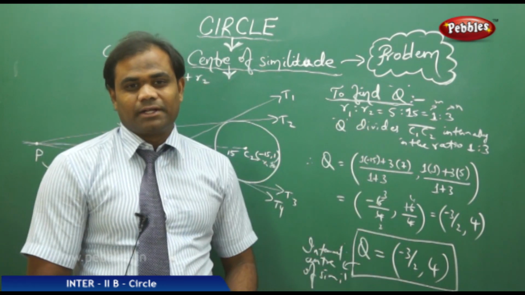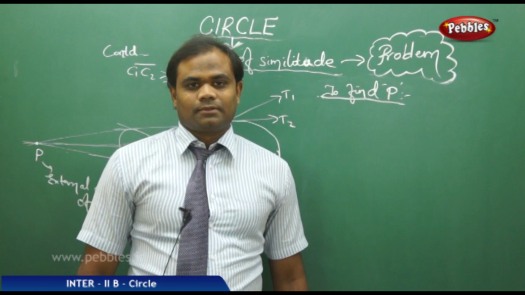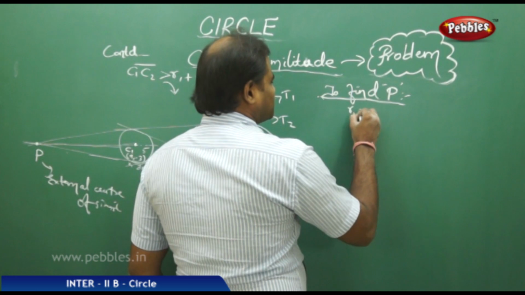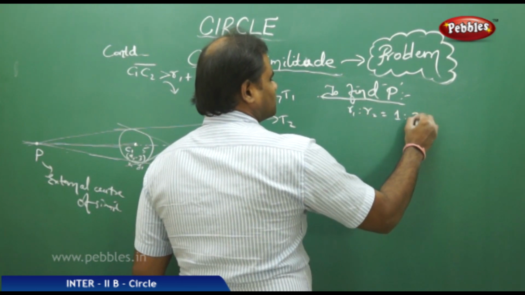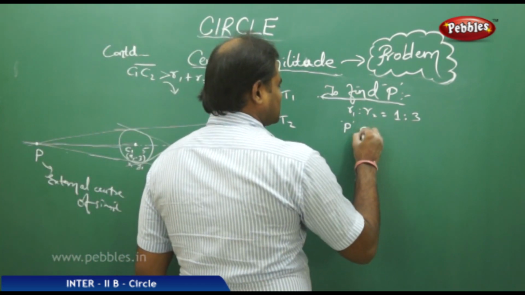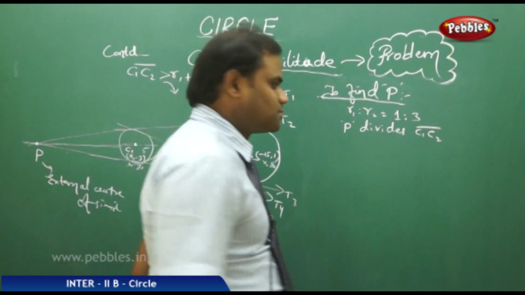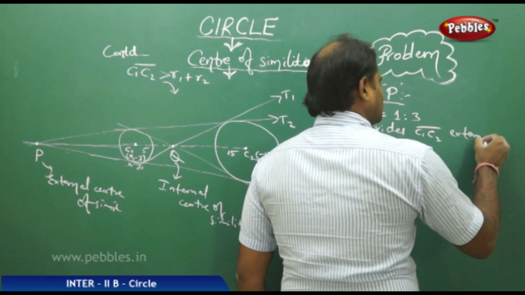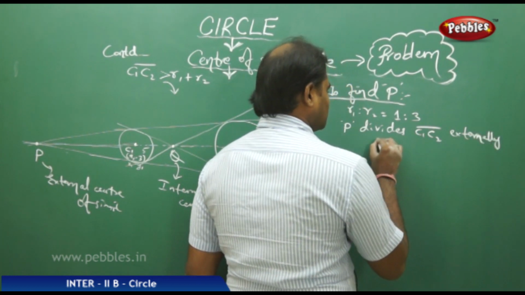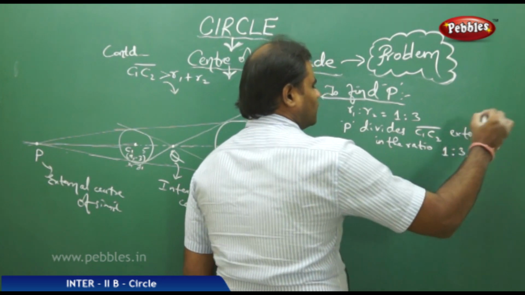Now next comes finding the external center of similitude, that is point P. I take the same ratio R1 is to R2, which is 1 is to 3, and P divides the distance between centers C1 and C2 externally in the ratio 1 is to 3.